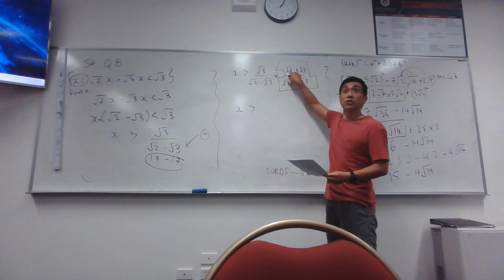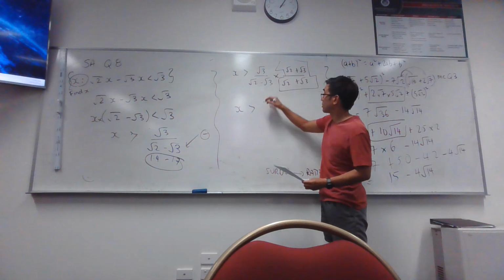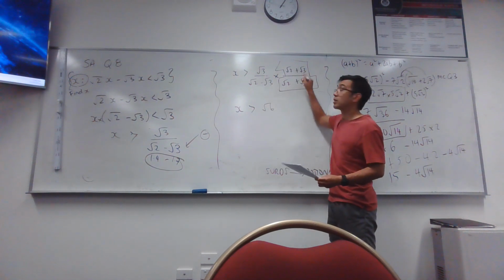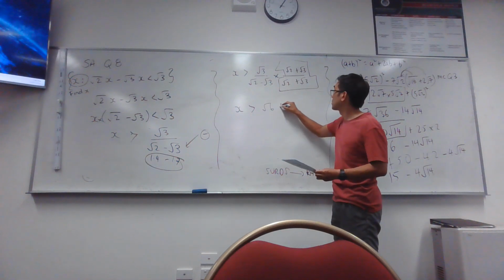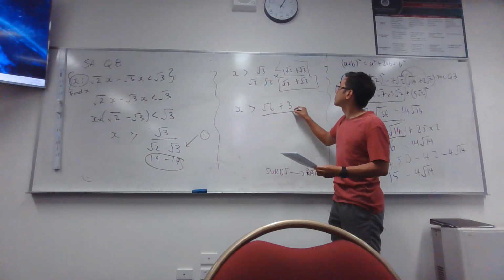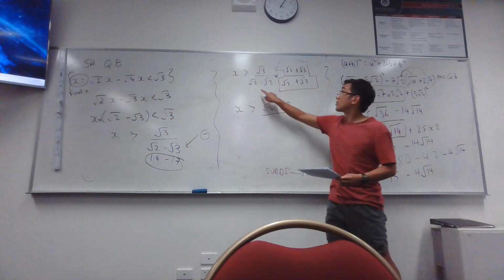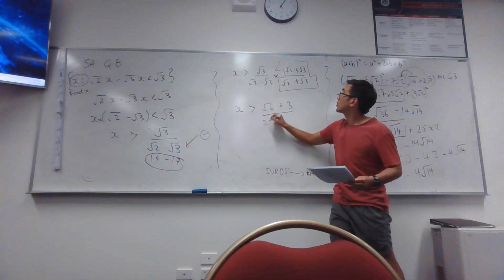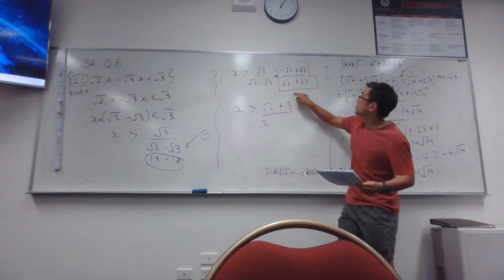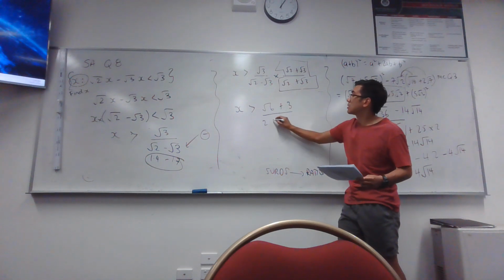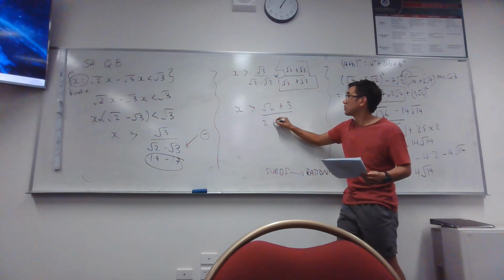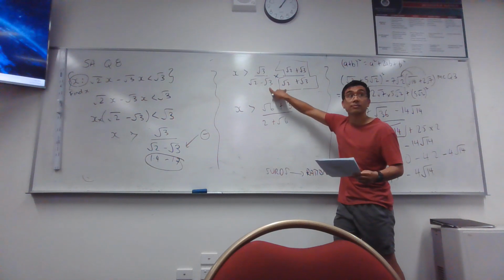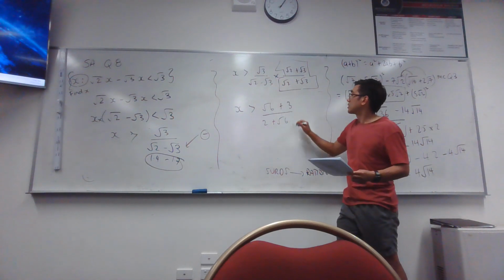Root 3 times root 2 is a root 6. Root 3 times root 3? Root 9. 3. Good. Let's go with the bottom. Root 2 times root 2? 2. Root 2 times root 3? Root 6. What sign? Negative root 6.